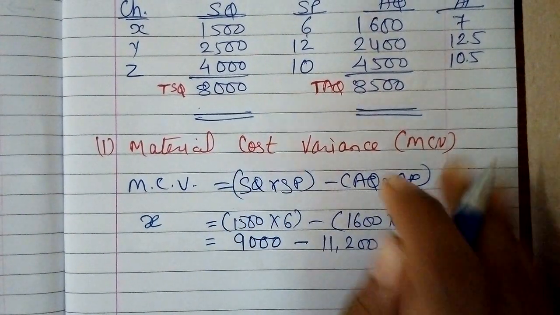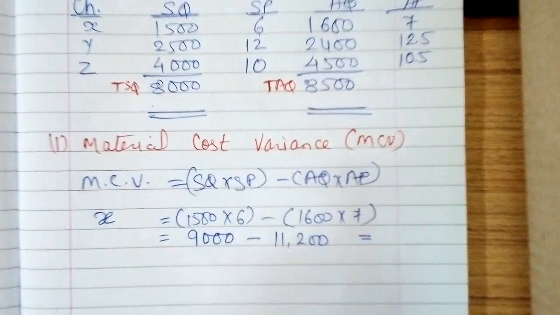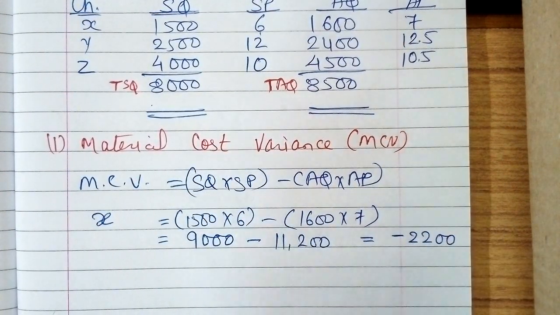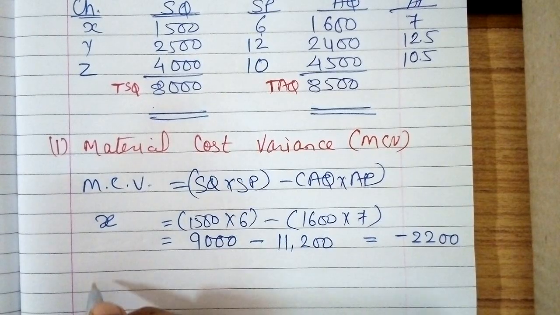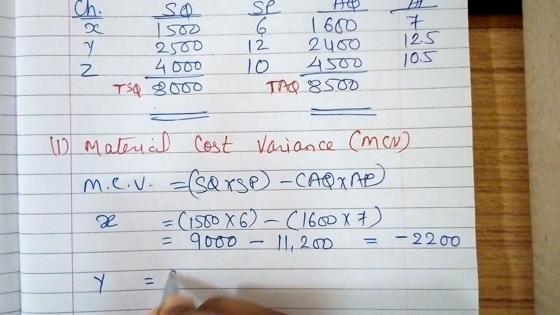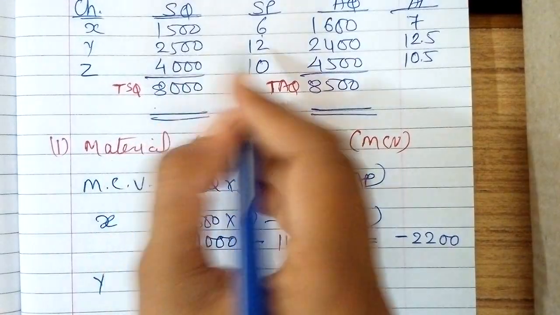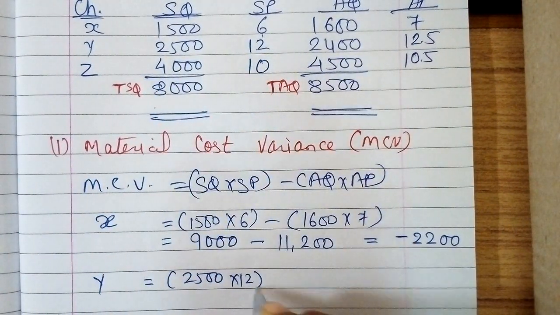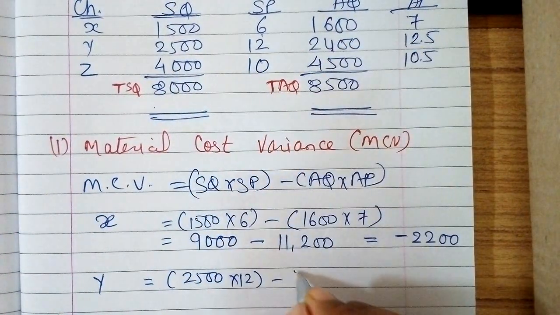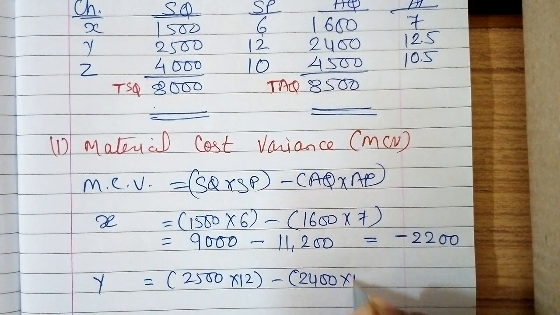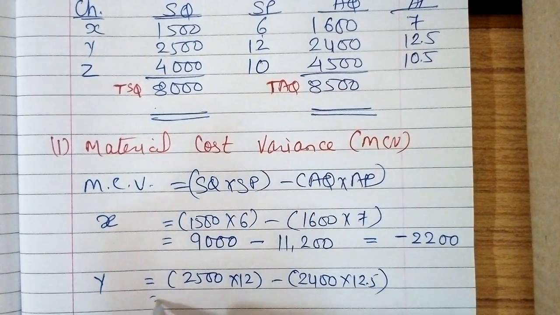So this will be negative 2,200. Okay. For Y, SQ is 2,500, SP is 12, AQ is 2,400 and AP is 12.5.